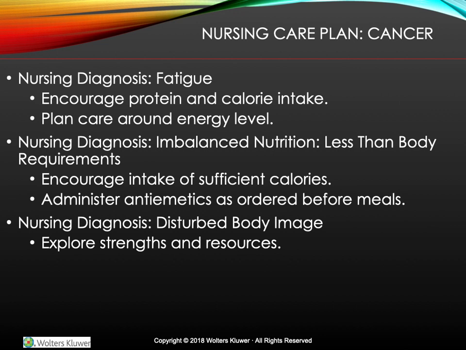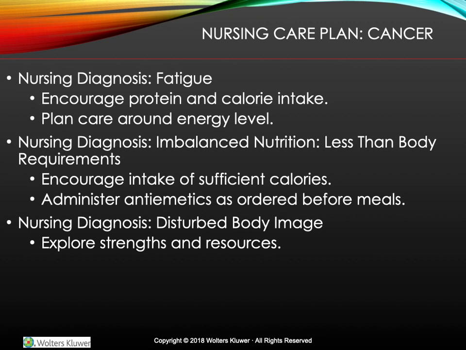Disturbed body image can also impact our client, as well as pain. So make sure that we are addressing all these factors. Bleeding time. Some patients, depending on their treatment or stage of cancer, may be prone to bleeding. We've already talked about that alopecia, that hair loss, whether it's eyebrows or eyelashes, and how do we help the patient cope through those types of losses.